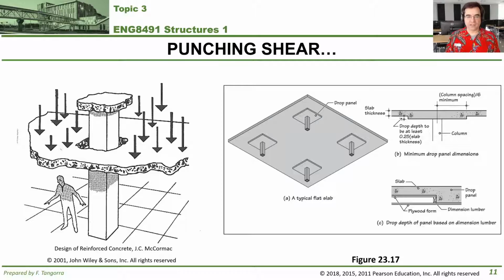Drop panels are there to basically increase the surface area of the concrete as it gets closer to the slab. So basically the area of the column is constant, either circular or rectangular.